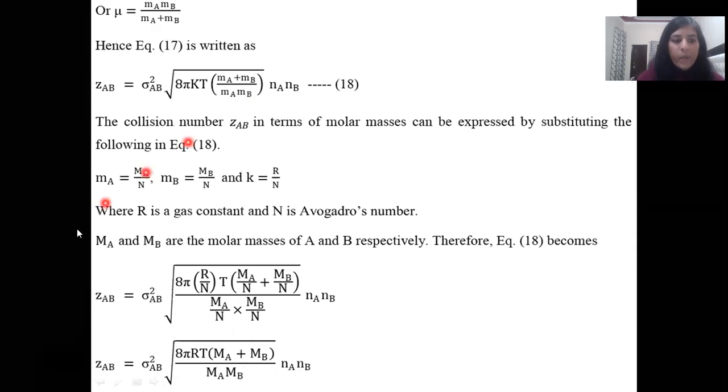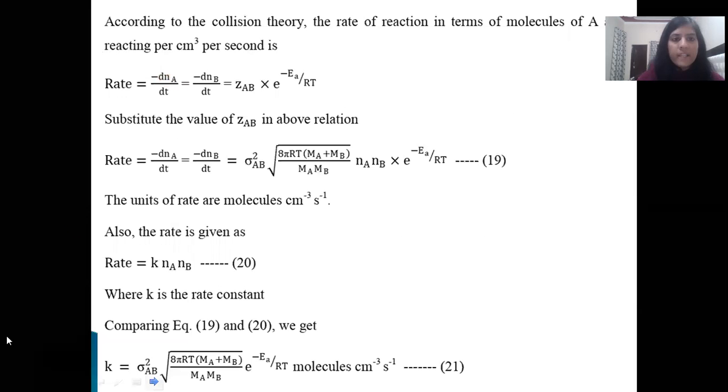So this is the value of ZAB. Put this value in this relation, then we get this value. The units of rate are molecules per centimeter cube per second. Also, the rate is given by k into NA into NB. In the previous video, I took NA square because we have two similar molecules, so they have the same number.